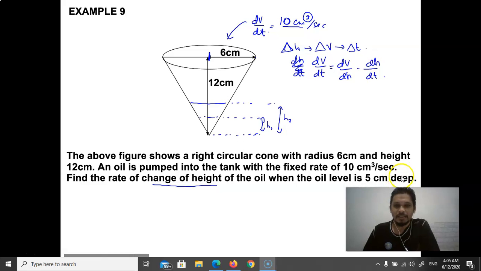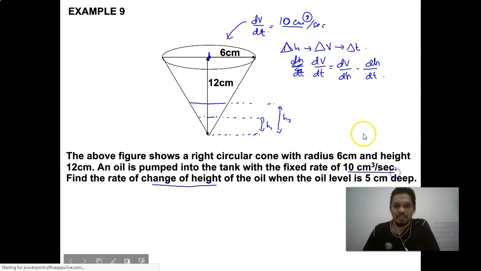Okay, so given in the question, oil is pumped into a tank at a fixed rate of 10 m³ per second. So dV, the volume with respect to time, is given here now. And then find the rate. Rate has something to do with time, of change of height.